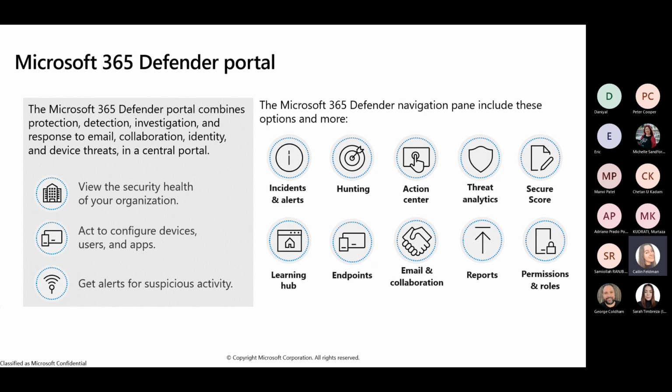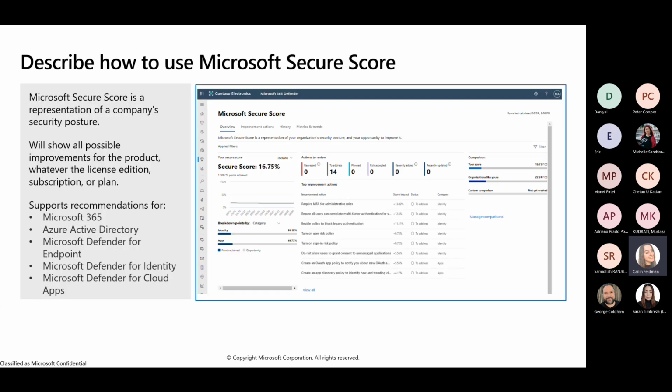And one really important one in the portal is Microsoft Secure Score. I explained this a little bit a few slides ago, but I'll go into the Secure Score again because it's probably one of the most important things to know. Essentially, it's a representation of the company's security posture. The higher the score, the better your protection. So the secure score helps organizations report on the current state of their security posture.